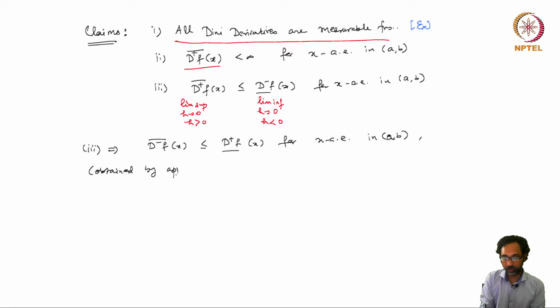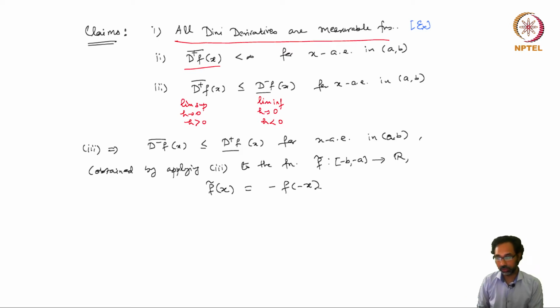by applying this third result to the function f tilde defined on the interval (-b, -a) to R, given by f tilde(x) equals minus f(-x). So when you take minus x, you land in the interval (a,b), and so you can apply f, but then you also apply a minus sign, and so the lim inf and the lim sup get interchanged and so on.